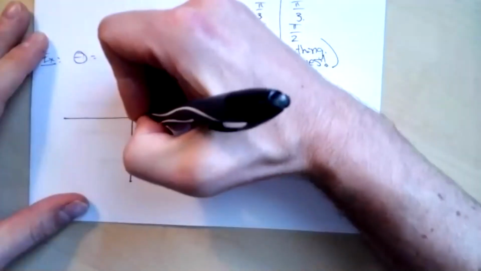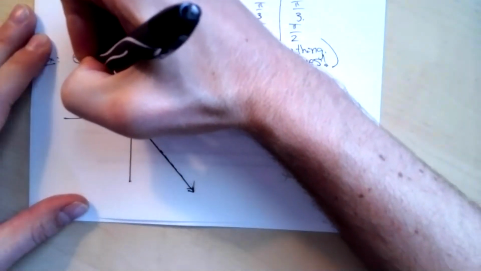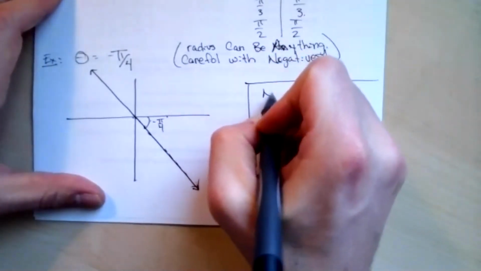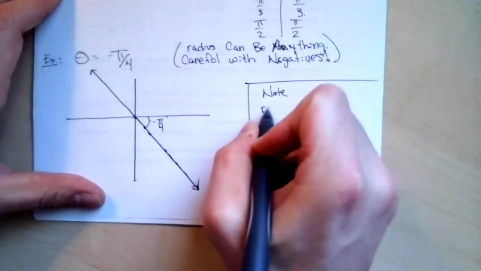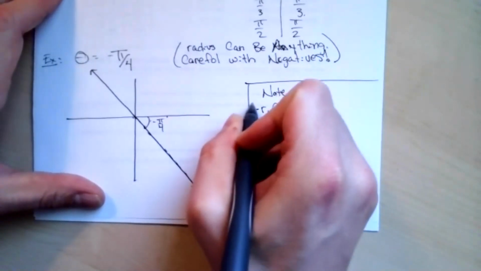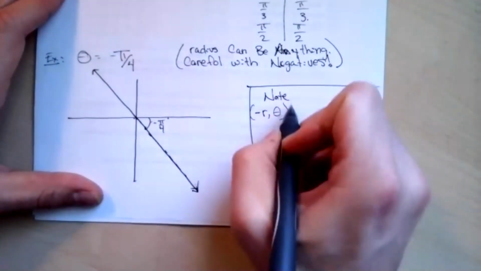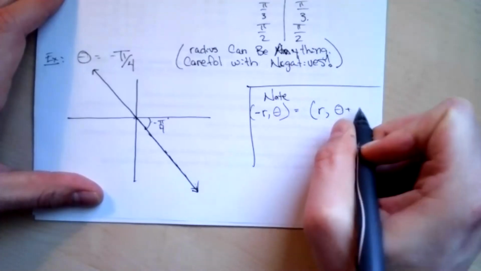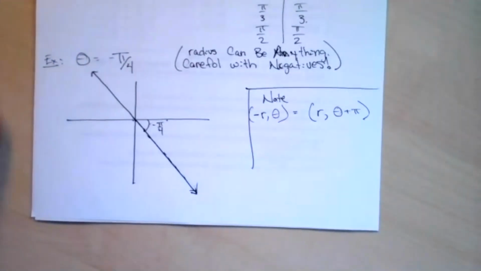But if r is negative, then we're going to be going in the opposite direction. So we can add that if we have a negative r at angle theta, this is essentially the same as taking the positive r but rotating the angle by pi.